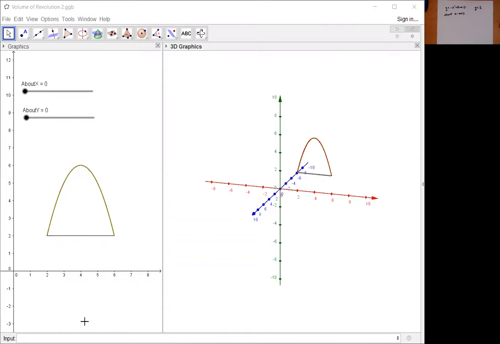And we're revolving about the x-axis. So just for a second, I want you to take a look at what you're looking at and imagine what the shape would be if this curve spun around the x-axis. What would it kind of look like? A donut. Almost a donut. It would have a hole in it, right?